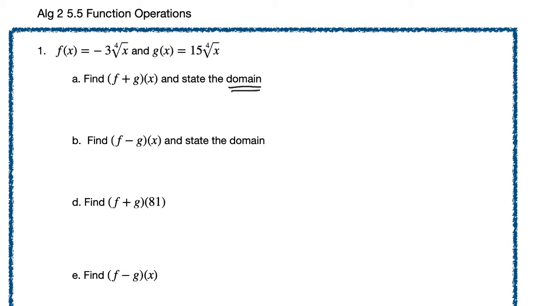Now, one of the things I want you to keep in mind is that if you have a polynomial function, for example, x cubed plus 2x squared minus 4x plus 3, its domain is always all real numbers.